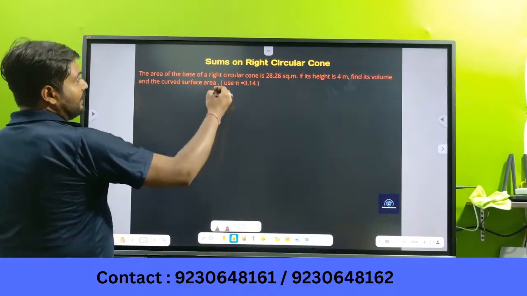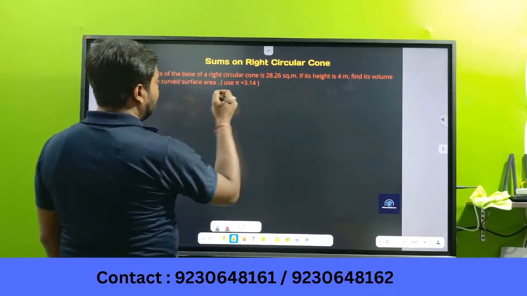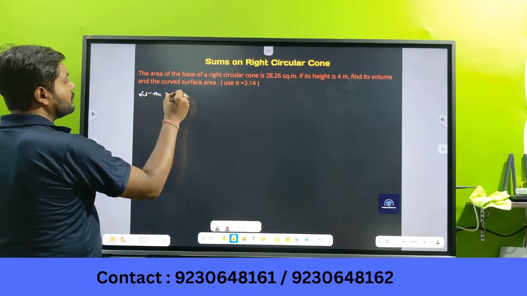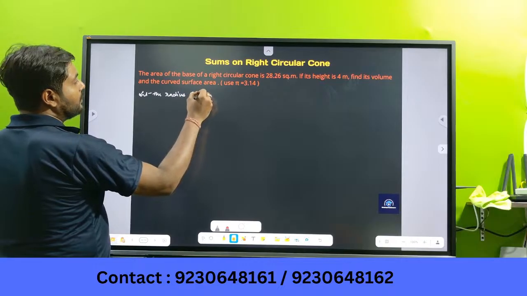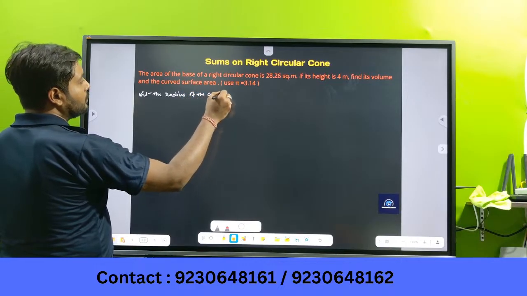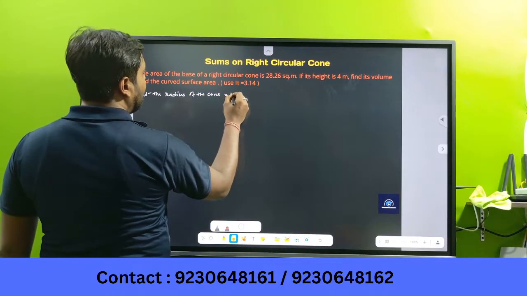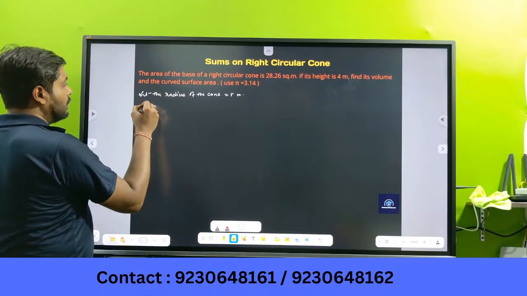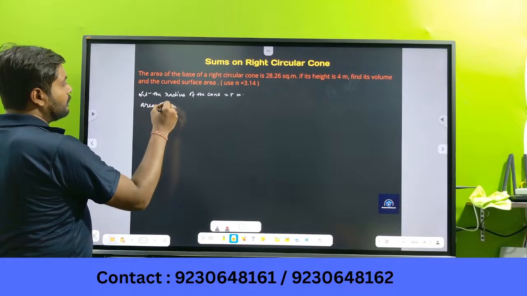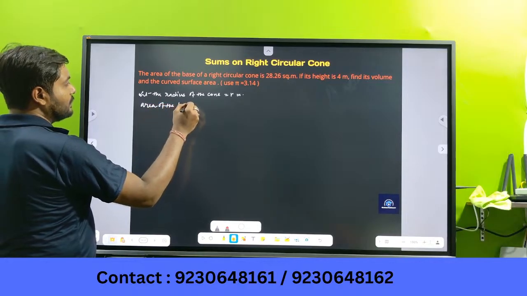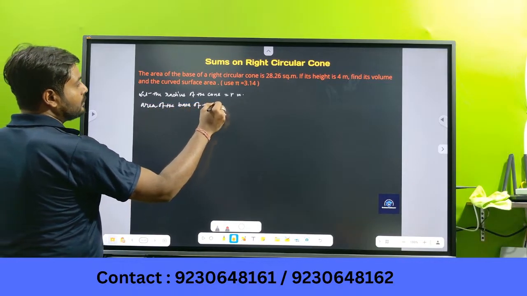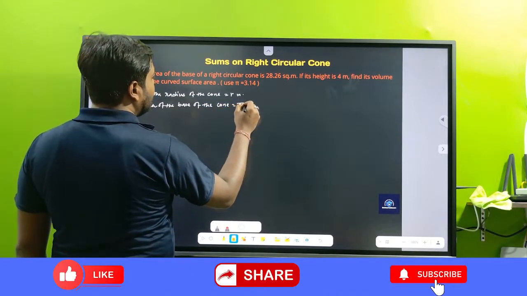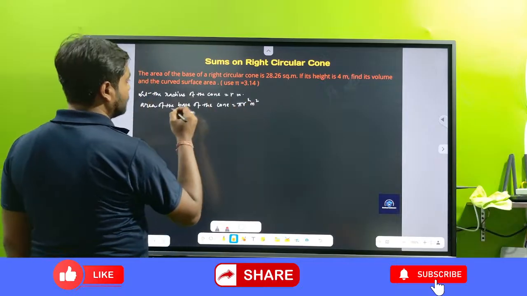Here the area of the base is given. So let the radius of the cone be r meter. Area of the base of the cone equals pi r square meter square.